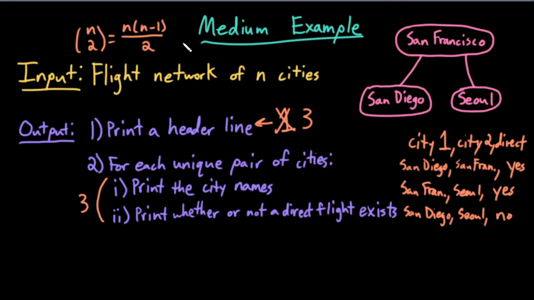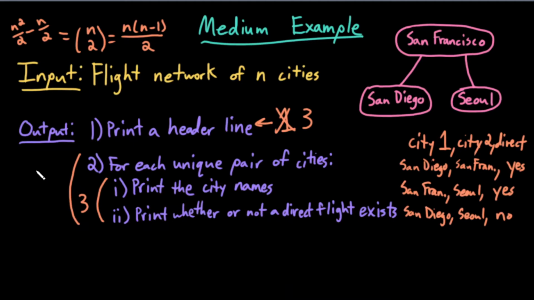So n choose 2. And I can rewrite this as n squared over 2 minus n over 2. So I'm doing these 3 operations for each of these n squared over 2 minus n over 2 unique pairs.